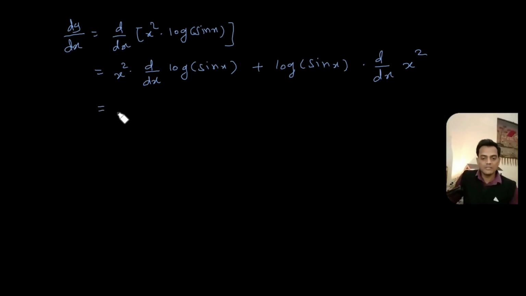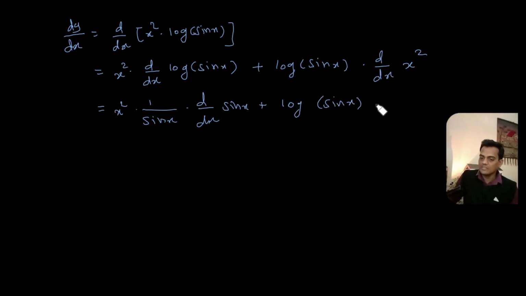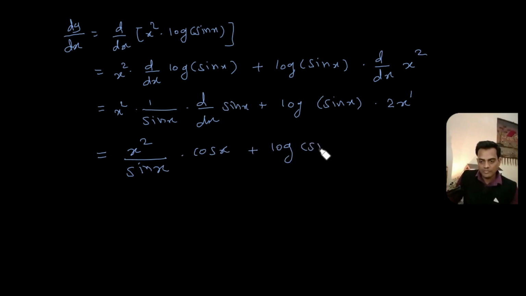So it will become x square. The derivative of this log term is 1 upon sine of x into the derivative of sine of x, plus log of sine x as it is, and the derivative of x square is 2x, power comes in multiplication and power is reduced by 1. So it will become x square divided by sine x, and the derivative of sine is cos x, plus log of sine x into 2x.